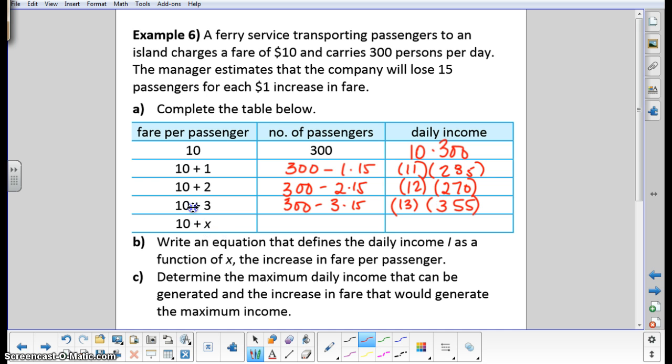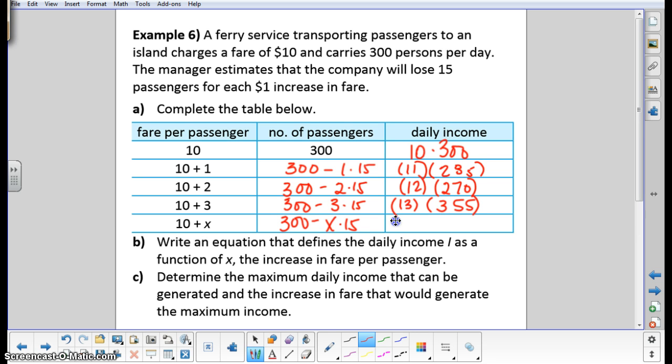Okay, so if we just start counting up and we have an unspecified number, then 10 plus x, and this is going to be 300 minus x times 15. So we had one increase, 2 increases and 2, 3 and 3, and then x, because we don't know how many.